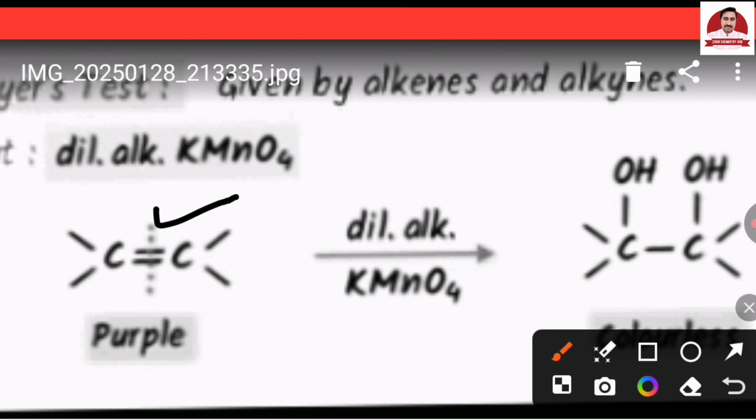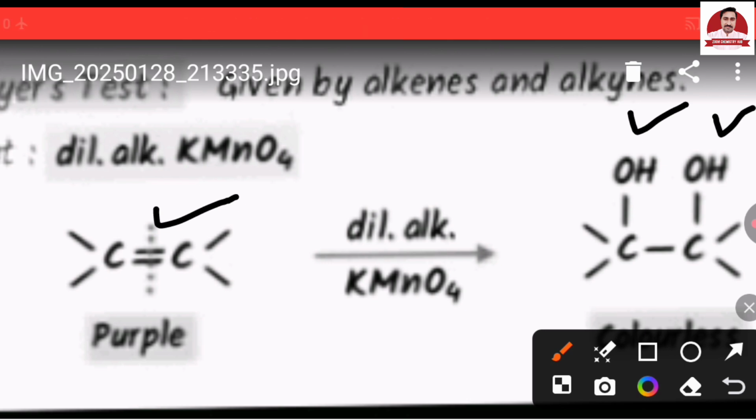By the breakage of this bond, KMnO4 reacts with this alkene and it changes into ethylene glycol, that is 1,2-ethanediol. Here you can see the two OH groups are attached to the adjacent carbon atoms.